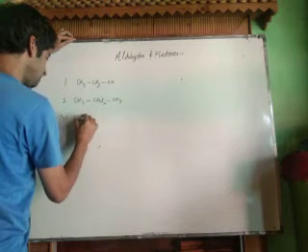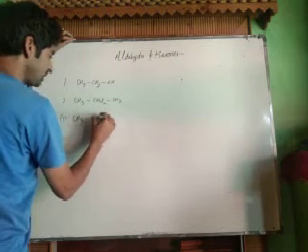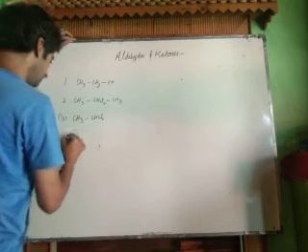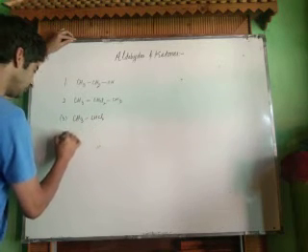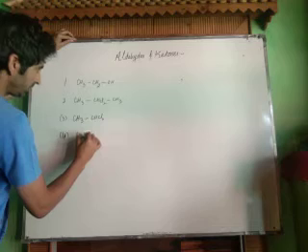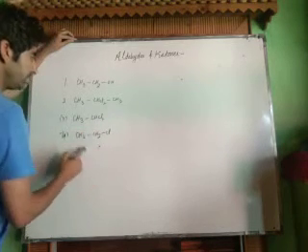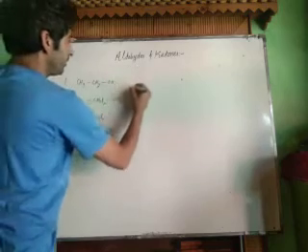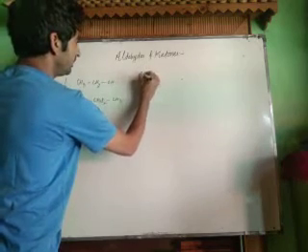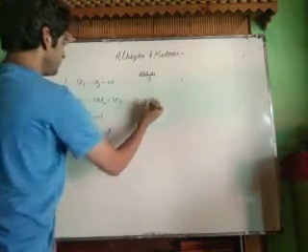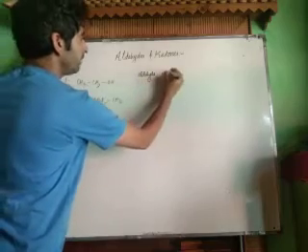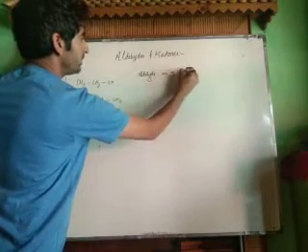Number 3 was CH3CHCl2, and the fourth option was CH3CH2Cl. Which of these will give you aldehyde on treatment with aqueous KOH?